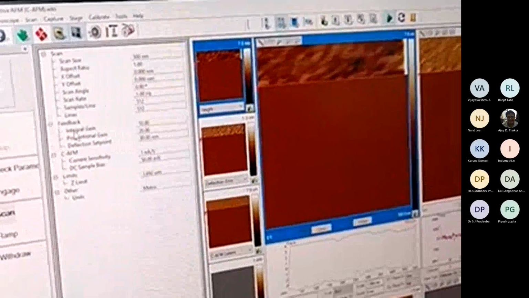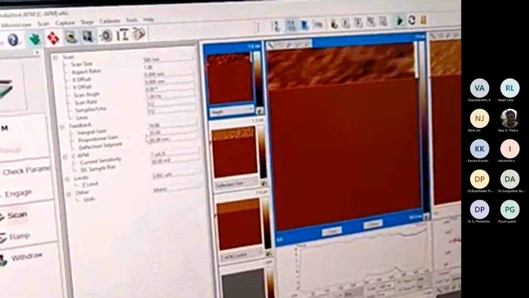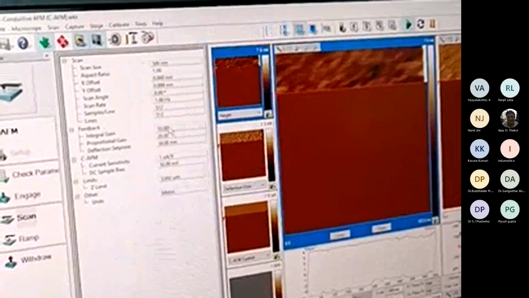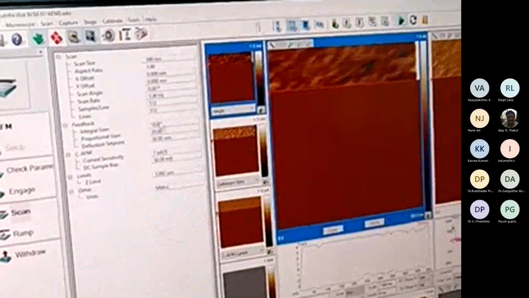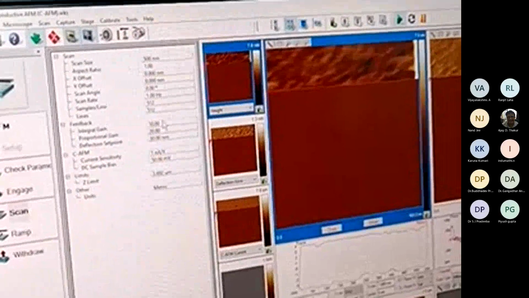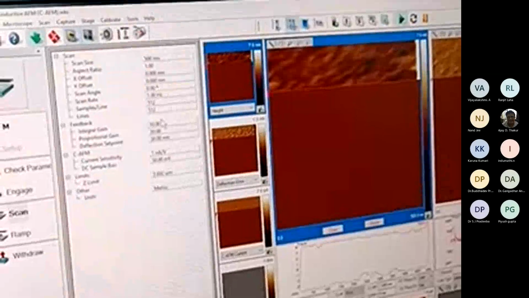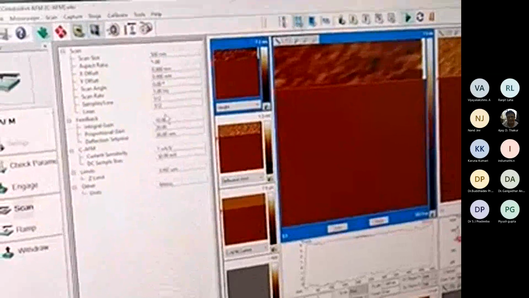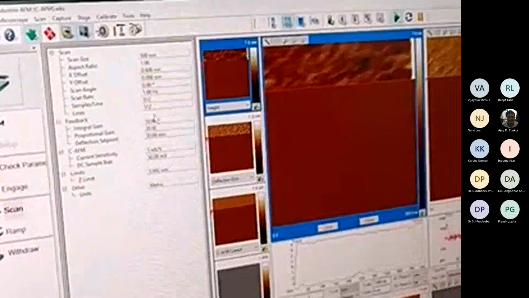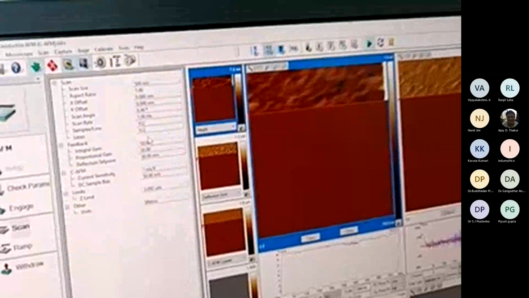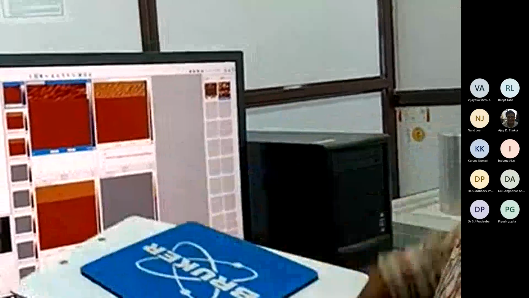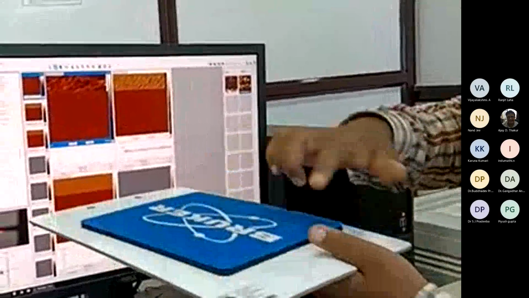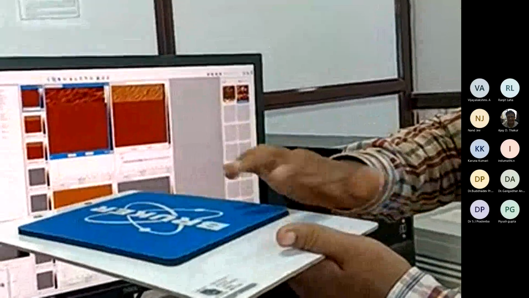And these are the gains, integral gain and proportional gain. Basically, these are the crucial parameters in AFM. They optimize how sensitive the cantilever is, meaning how sensitive our piezo is. Suppose we are scanning something. This is a sample, this is the cantilever, and it is scanning like this.